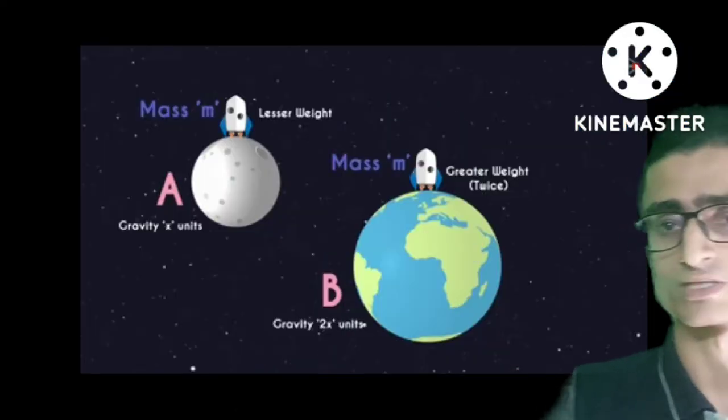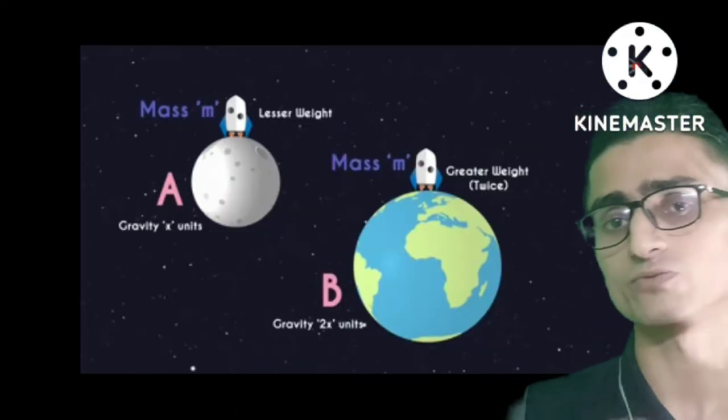Force must be measured in Newton. Since it is a force, its SI unit must be Newton, and kg is the unit of mass. There is a perception among people that weight is measured in kg, but it is totally different from mass.